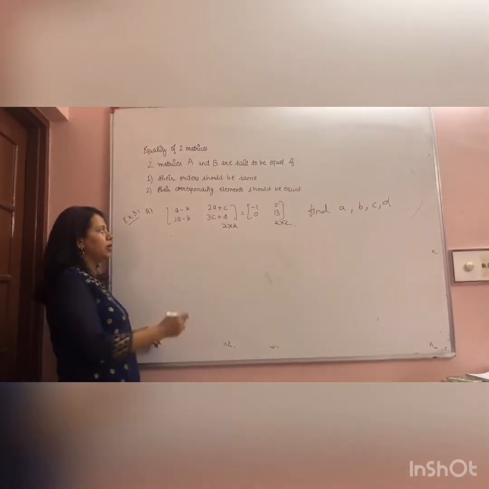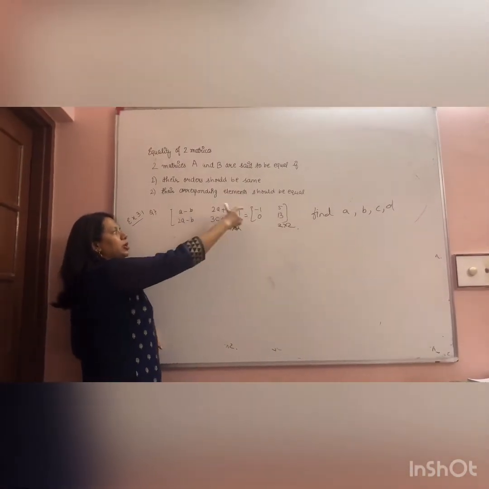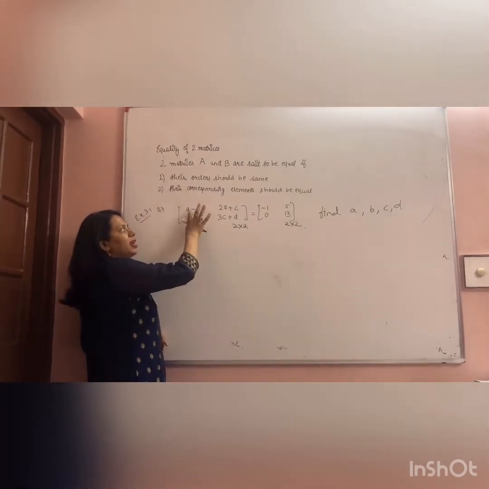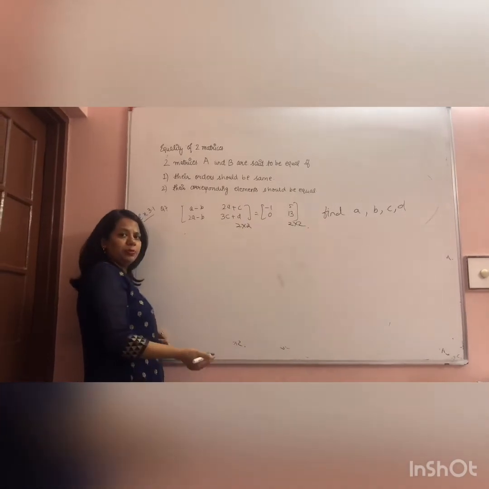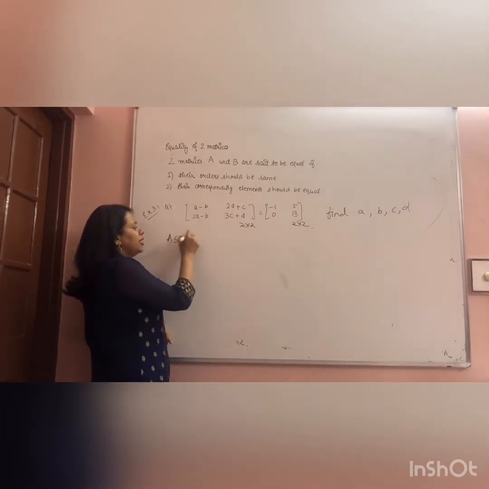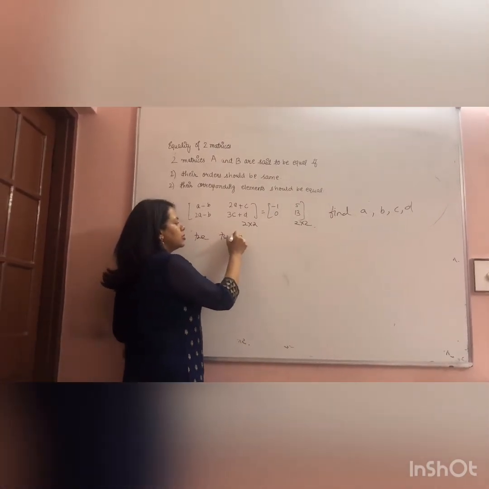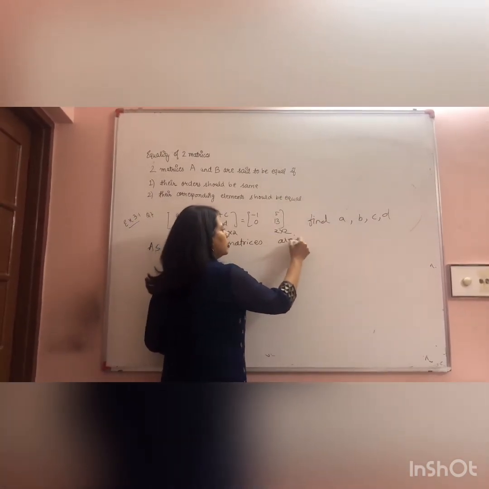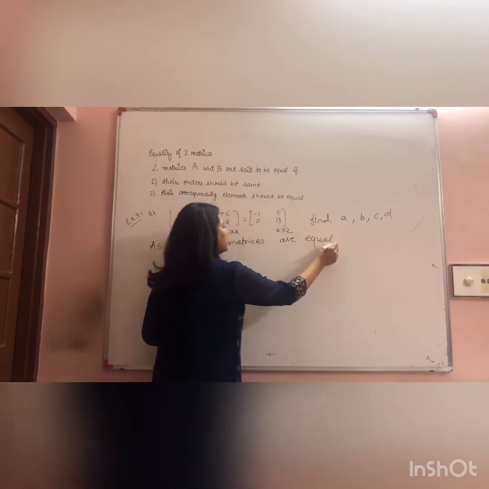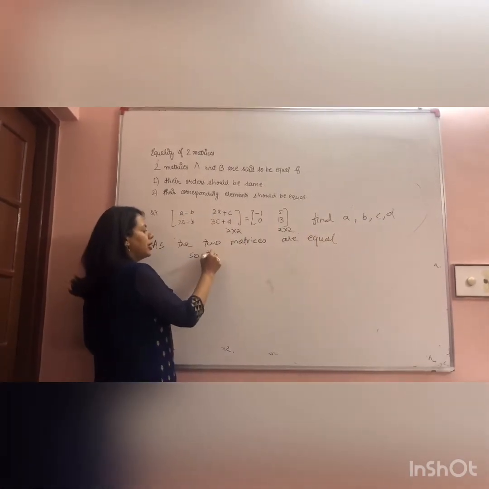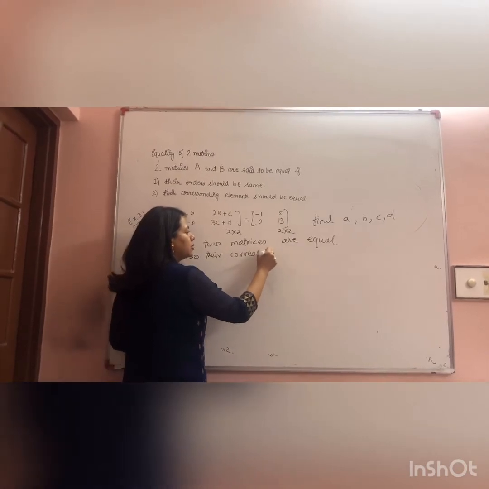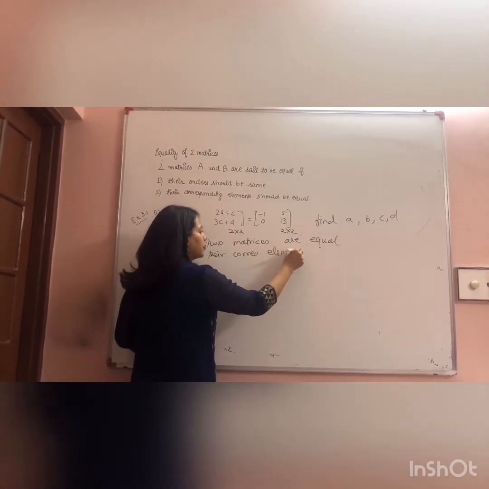Now how do we compare the matrices? We equate the corresponding element to the corresponding element. That means A11 should be equal to B11. So first of all, I'll say as the two matrices are equal, their corresponding elements would be the same.